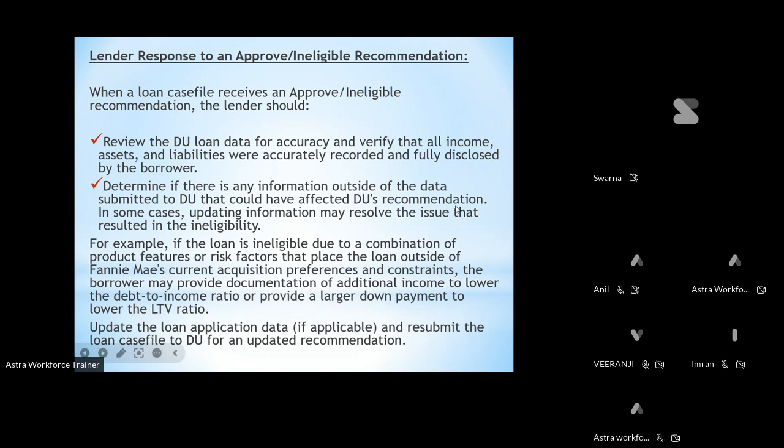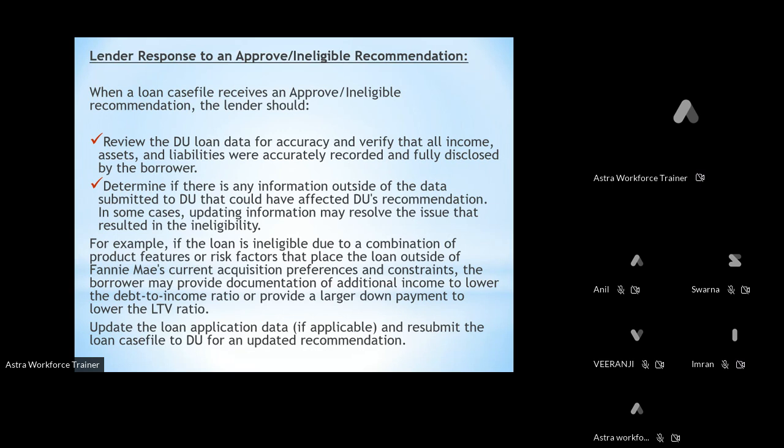Okay, so for approved ineligible, most of the time the borrower has a lower down payment, or the LTV ratio is on the higher side. Then it will be derived as approved ineligible. Because if the LTV is high, then the property may also have some issues, because the LTV is derived based on the property value and the loan value.